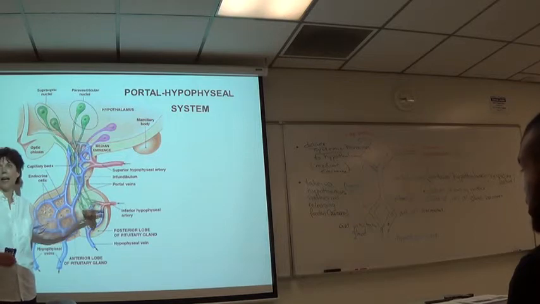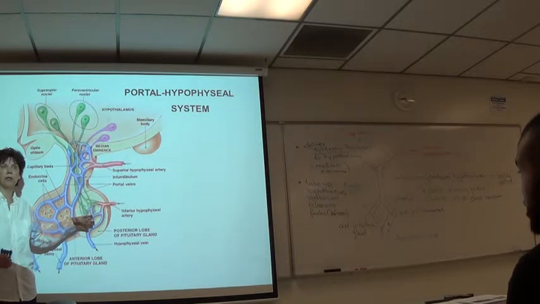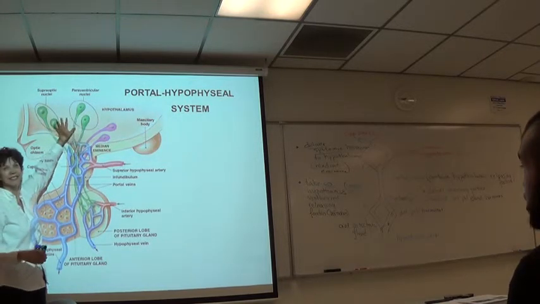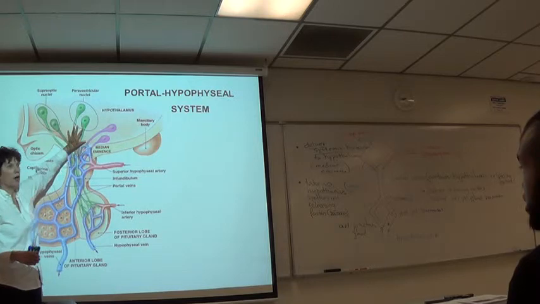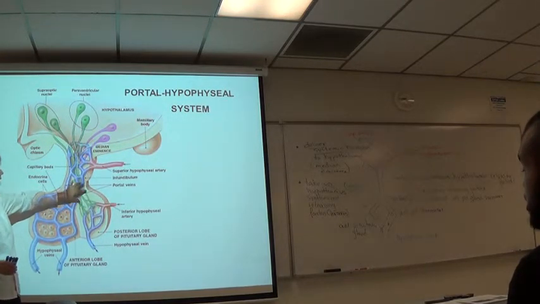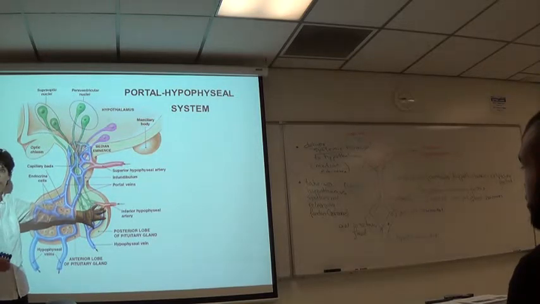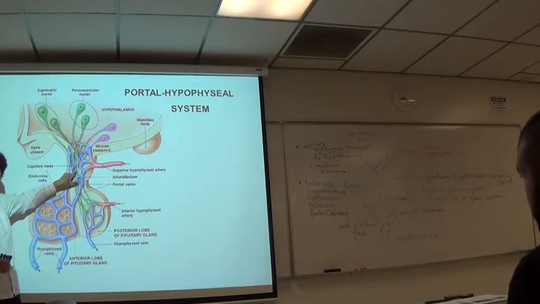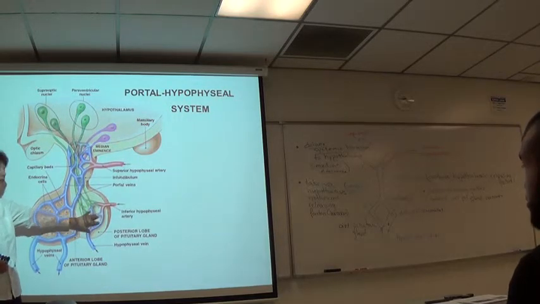Why don't releasing factors or hormones get to the posterior pituitary? Is this the site of synthesis? No, it's back up here. Okay? So the only thing we find in the pituitary stalk associated with the posterior pituitary are the nerve fibers, the axons, that are transporting the actual hormones.